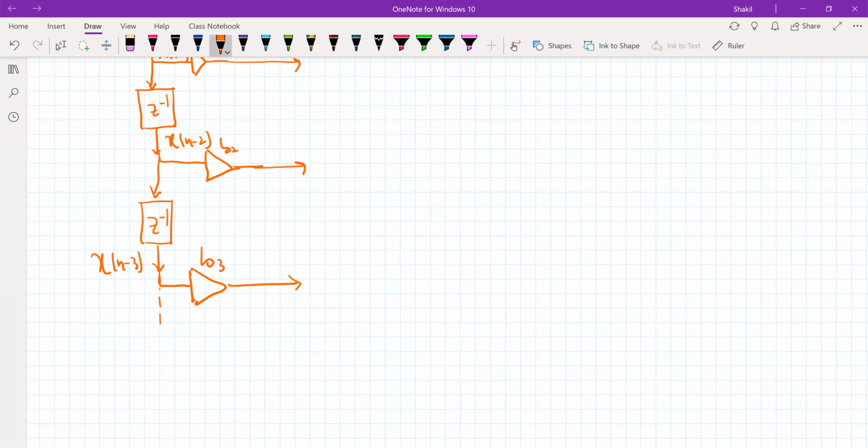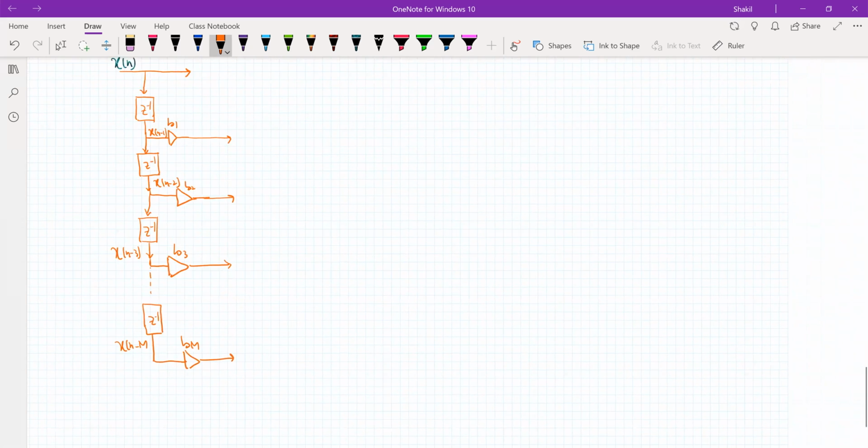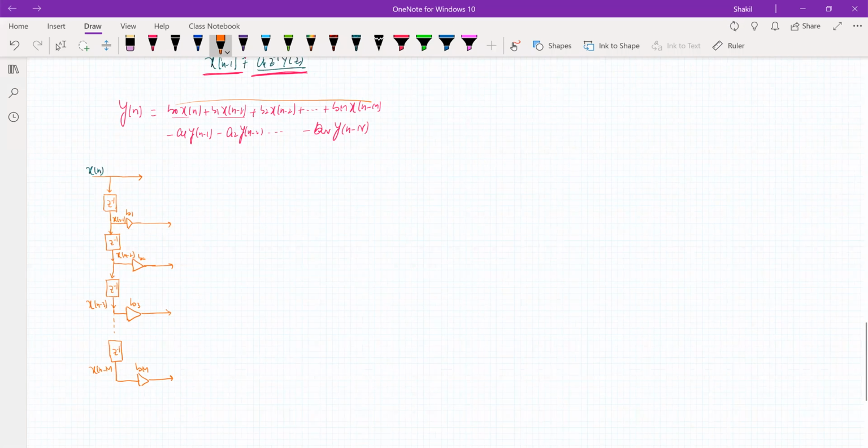Then this will continue, and finally the mth delay element will give x of n minus m. At this point I will multiply it by bm. This is the input part that I am trying to realize.